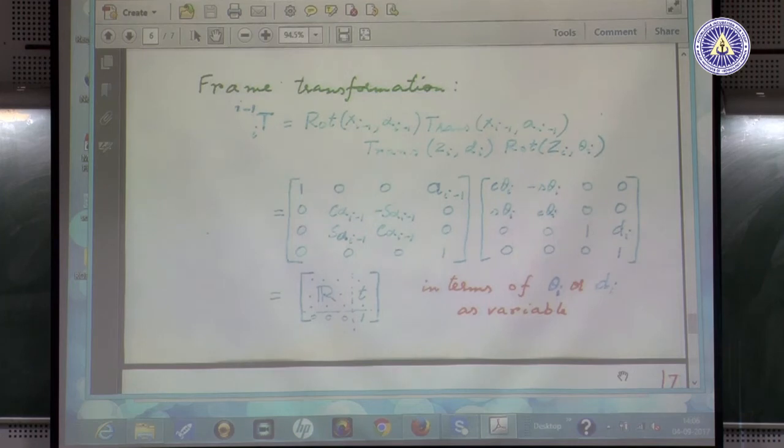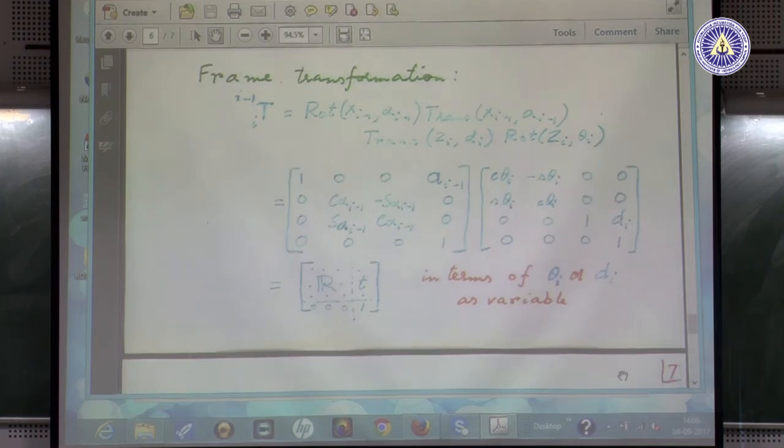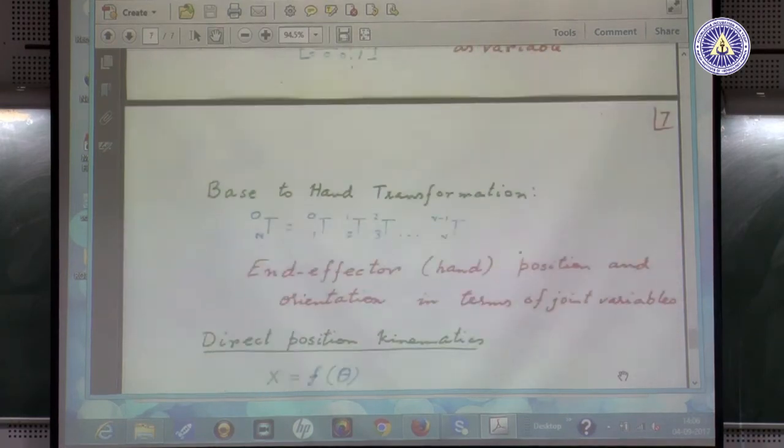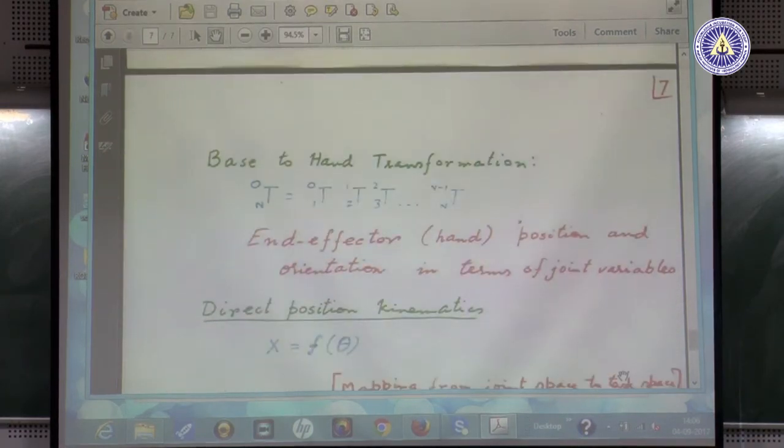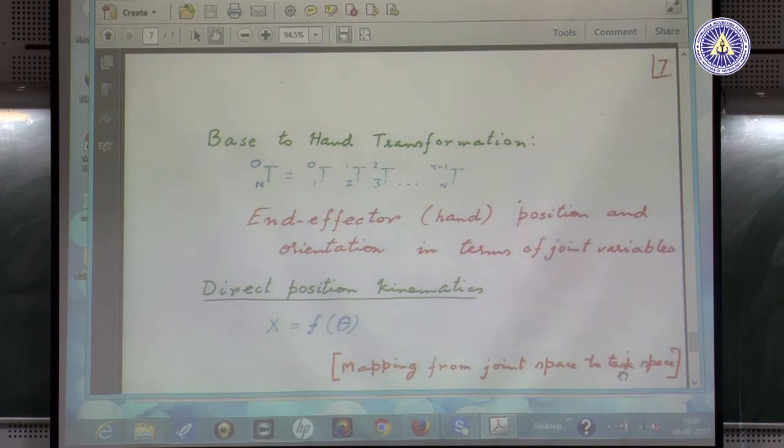It is a theta i or d i which is changing, and then when you want to get into the kinematics problem, you can describe the coordinates of the points of the last body in the series, nth body, as a product of all these rigid body motions, okay, which are the same as the corresponding poses.